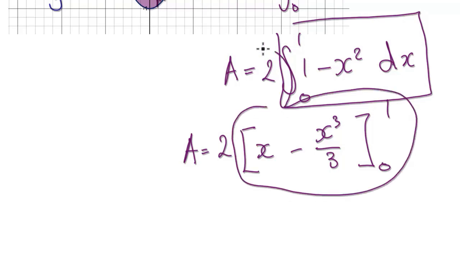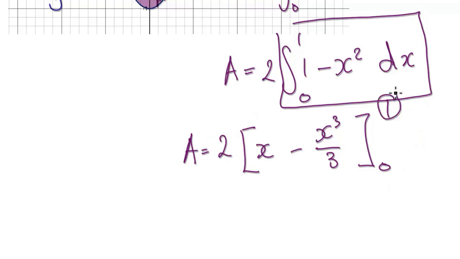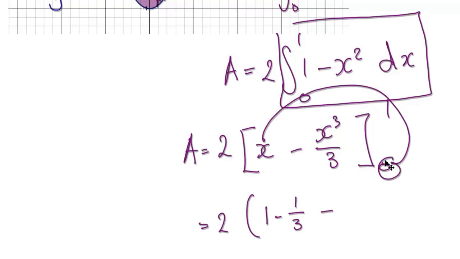Once you've got the answer, then you multiply by 2. So now put 1 into here, that will then be 1. Put 1 into here, that will then be a third. And then you take away, and when you put 0 into here, it would be 0. So just ignore the second part.